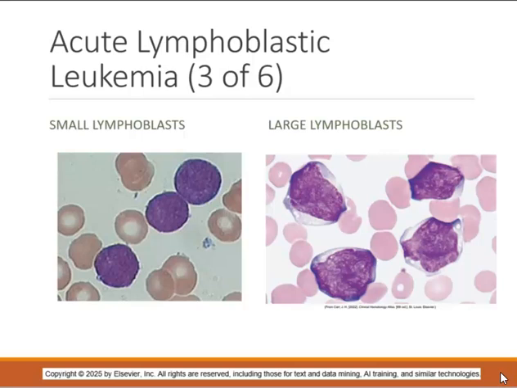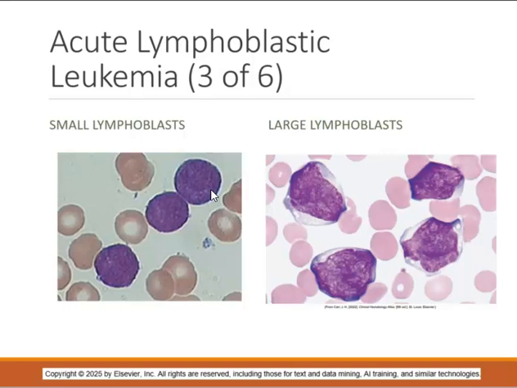So you see on the left, these are the small lymphoblasts. They're a little bit bigger than a red cell. You can hardly see any kind of cytoplasm. Usually there's only one nucleolus that you can see in there, which I'm pointing to. I don't know if you can see that or not, but they're smaller than the larger ones. The ones on the right, you can see that they're larger.